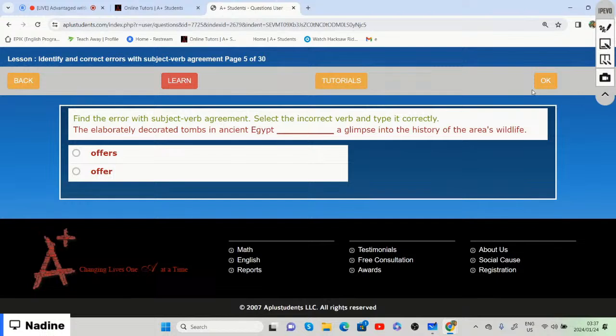All right. And then we say the elaborately decorated tombs in ancient Egypt, they offer a glimpse into the history of the area's wildlife. So do we say they offer or offers?